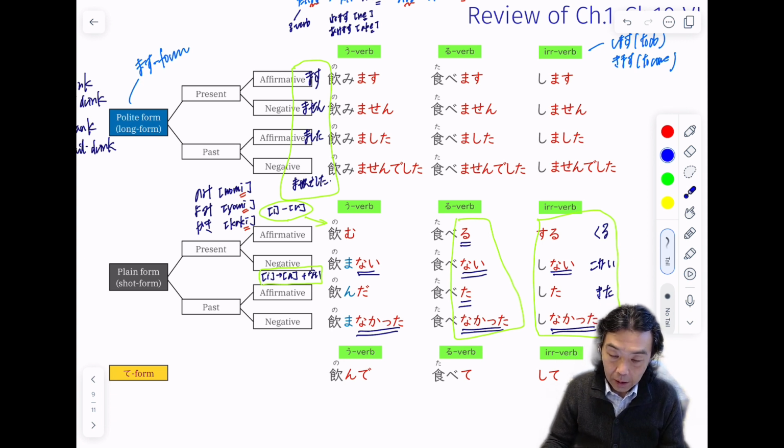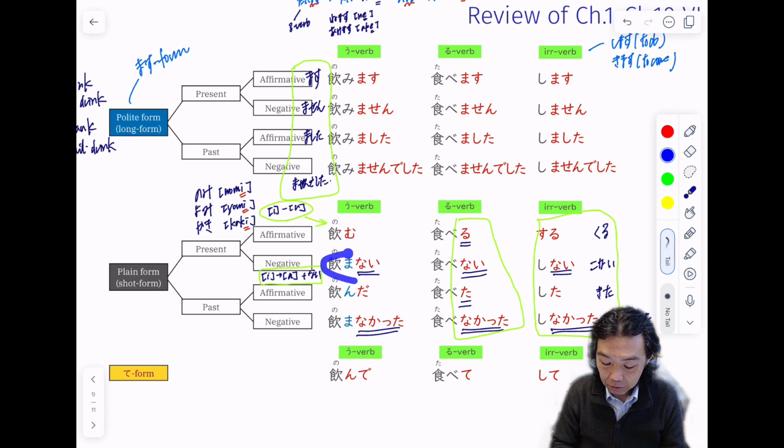So, 大きい, big, becomes 大きかった. 小さい was small, 小さかった。高い、高かった。安い、安かった。So, that's how you change the adjective from the present tense to past tense, right?